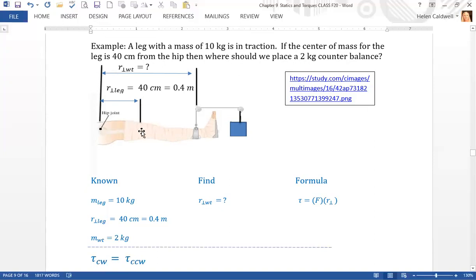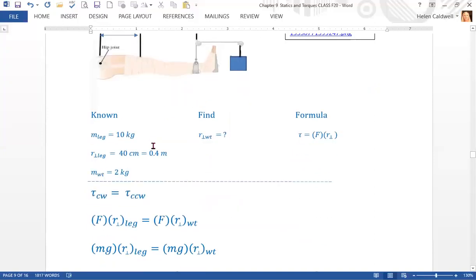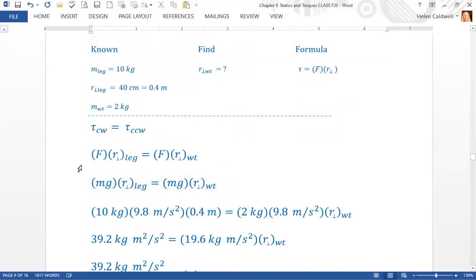If you look at the leg, if you didn't have a weight on it, the leg would fall down. That's a clockwise torque. If you put the weight on it, the weight by itself pulls the leg up. That's a counterclockwise torque. So the leg is the clockwise torque and the weight is the counterclockwise. But again, it doesn't matter as long as you've got one on one side of the equal sign and one on the other, we're good. So mgr for the leg equals mgr for the weight.